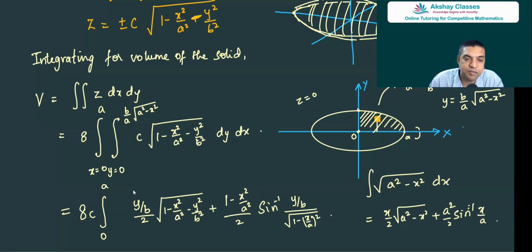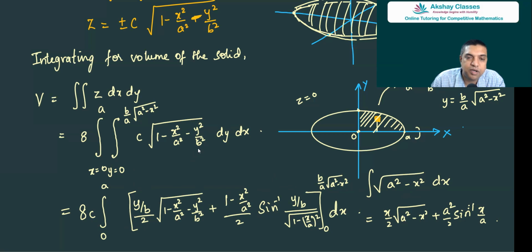Now this is from 0 to b by a root of a square minus x square, and this will be dx left. Now if x is replaced by kx, then the whole integral will be 1 upon k.